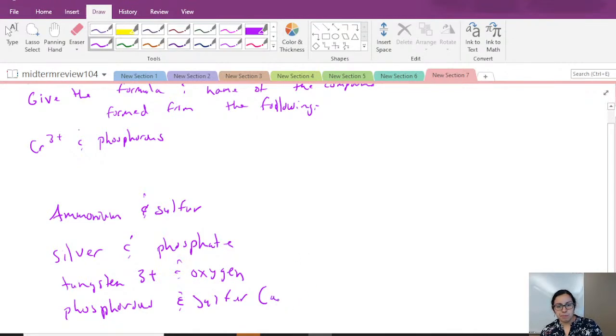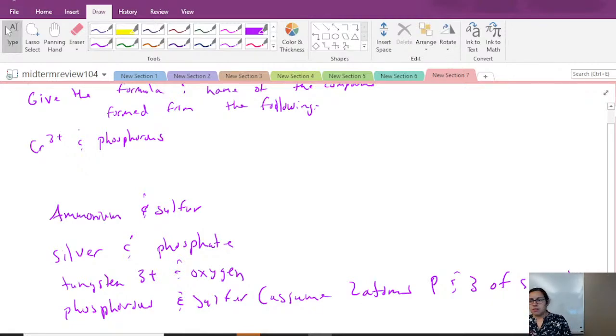So assume 2 atoms of phosphorus and 3 of sulfur. That's how that one would be worded, or a similar one. So take a few minutes to come up with the answers, and we'll go over them.